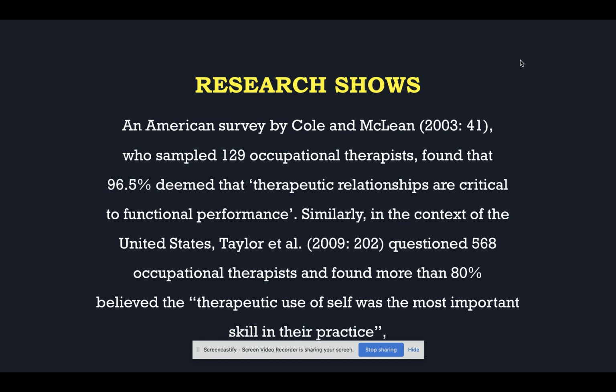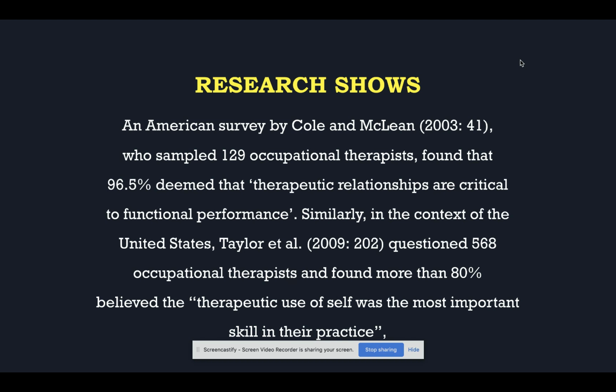That means that this didn't have to do with an occupation-based activity. It didn't have to do with strengthening. It didn't have to do with a cognitive skill. It didn't have to do with adaptive equipment. It was really the therapist's use of themselves in that relationship with that client that was the most important skill in that therapy session. That's pretty important.